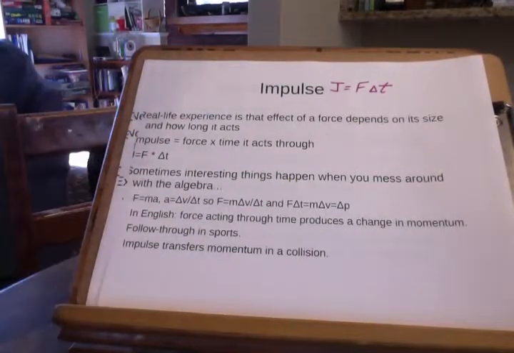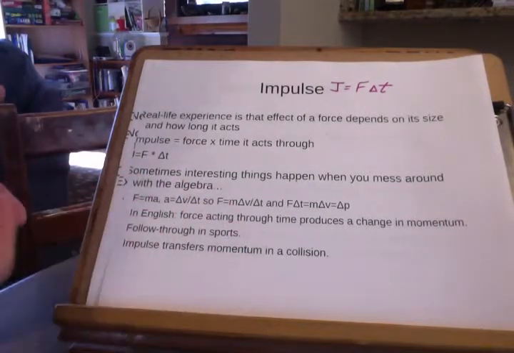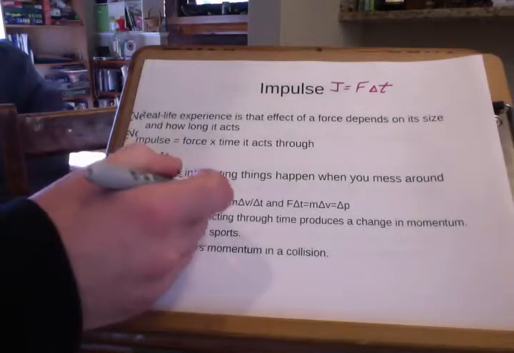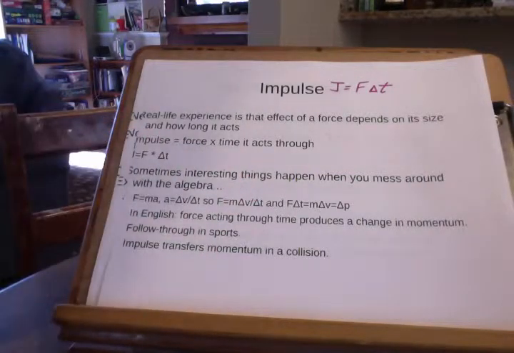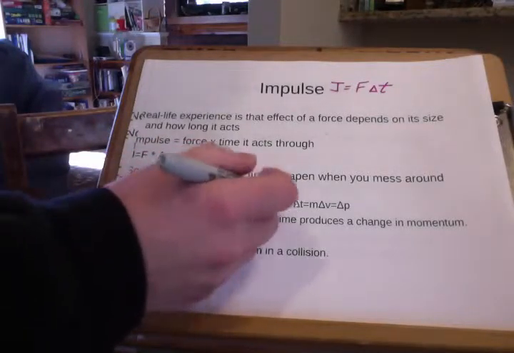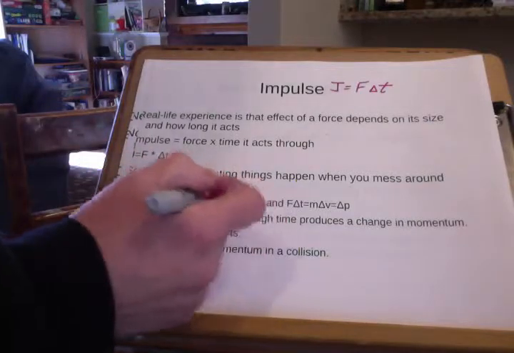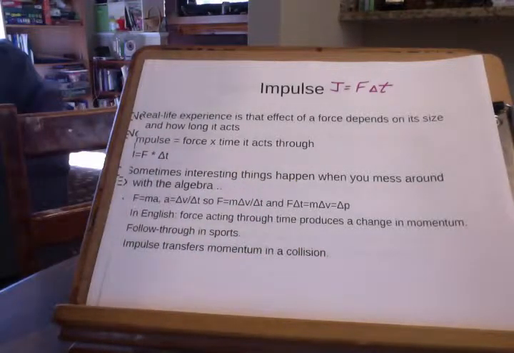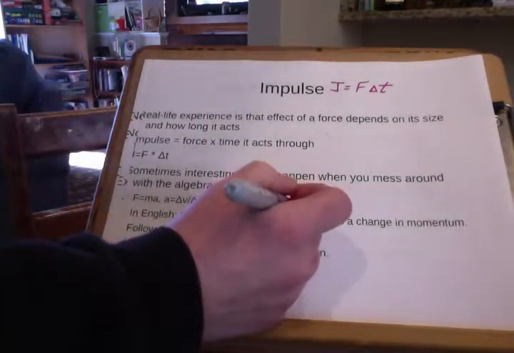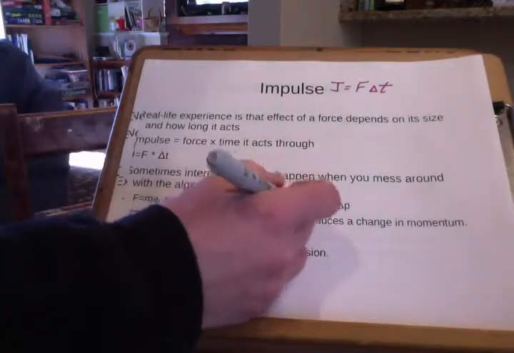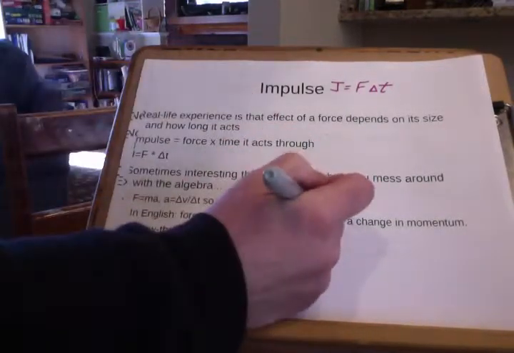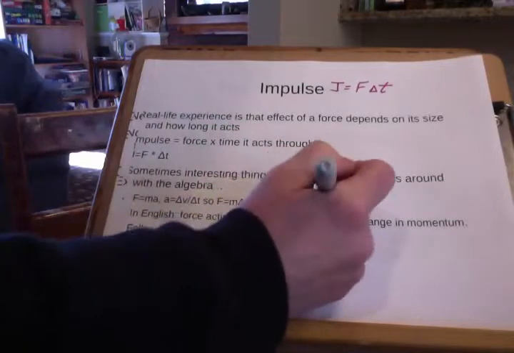We have the idea that force equals mass times acceleration. This is the definition of acceleration, a change in velocity over time. So we can say that force is mass times the change in velocity divided by the change in time. Multiply both sides by delta t. That gives us force times the change in time is equal to mass times the change in velocity.